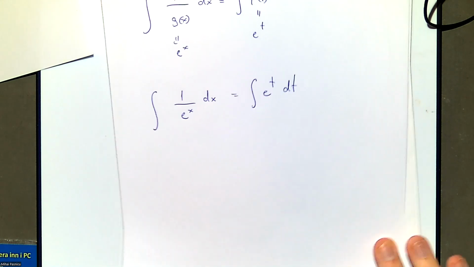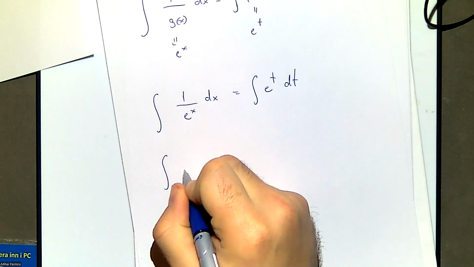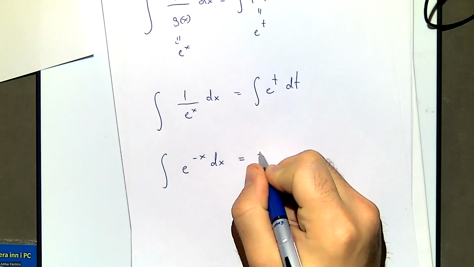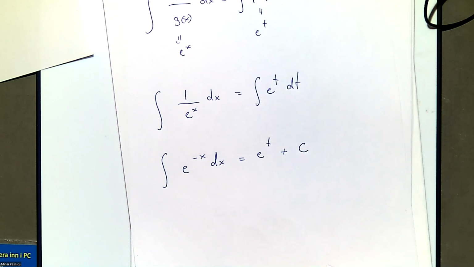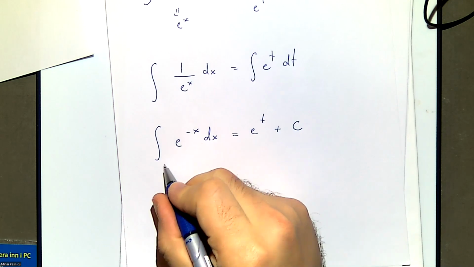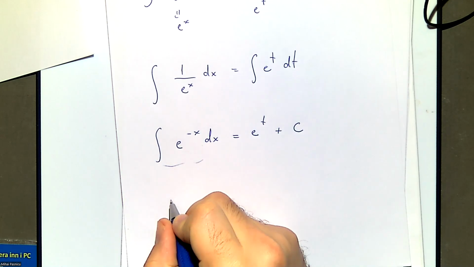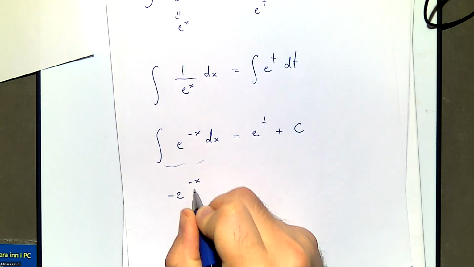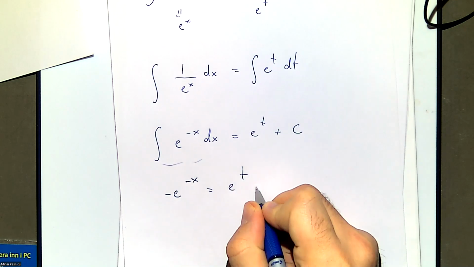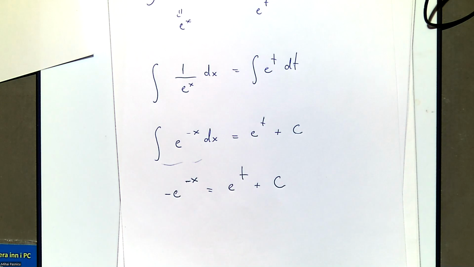Now, this is e to the minus x dx, and this is just e to the t plus a constant. So this is minus e to the minus x is equal to e to the t plus a constant.